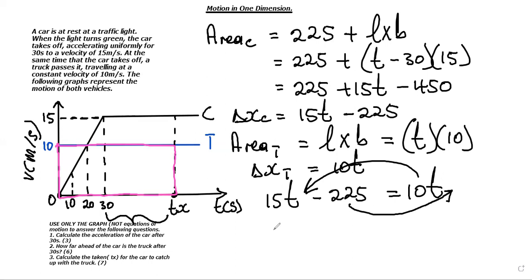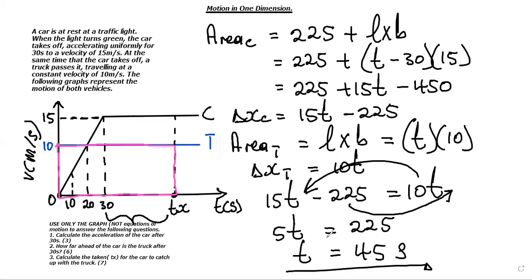So 15 minus 10 is 5, and then here you get 225. Dividing both sides by 5, you get 45 seconds. So your t will be 45 seconds. Or if you like, you can say tx is just 45 seconds.